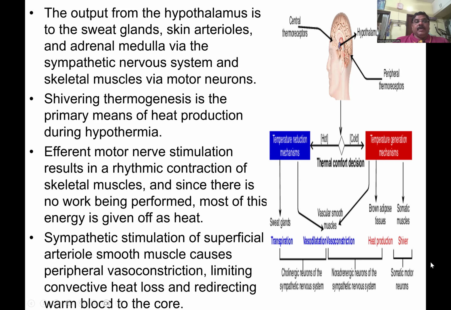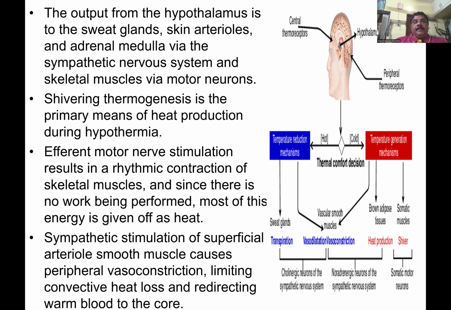Shivering thermogenesis is the heat production during hypothermia. Efferent nerve stimulation results in rhythmic contraction of the skeletal muscle. Since no work is being performed, most of this energy is given off as heat. The sympathetic stimulation also acts on the superficial arterioles' smooth muscle, causing peripheral vasoconstriction, limiting conductive heat loss and redirecting the warm blood to the core.